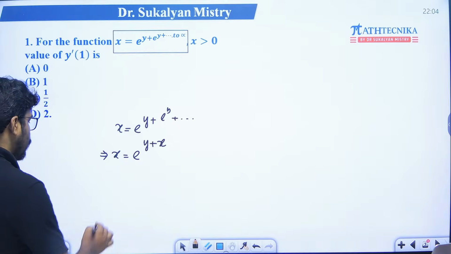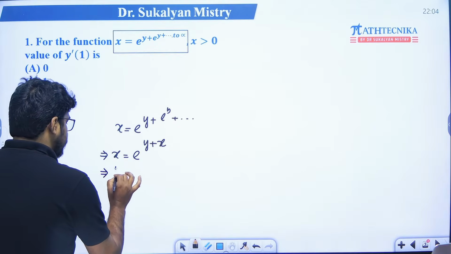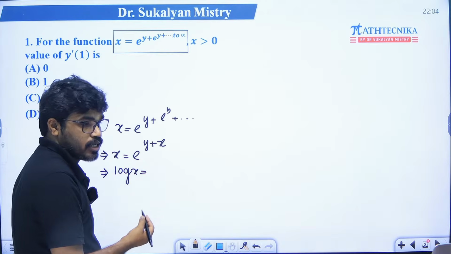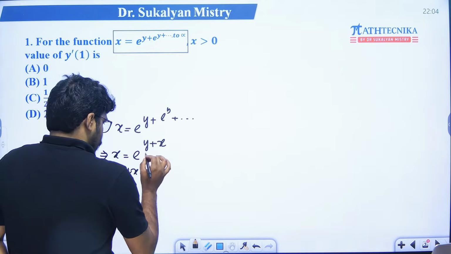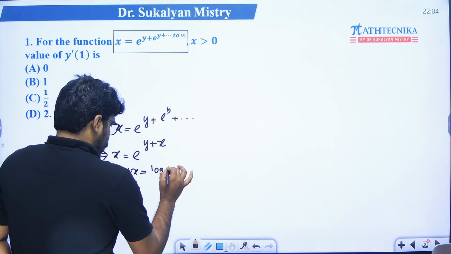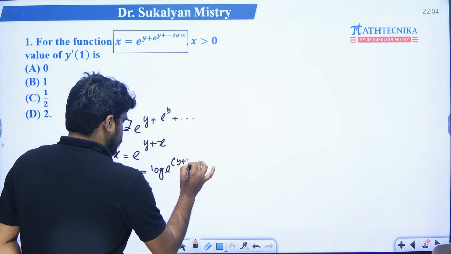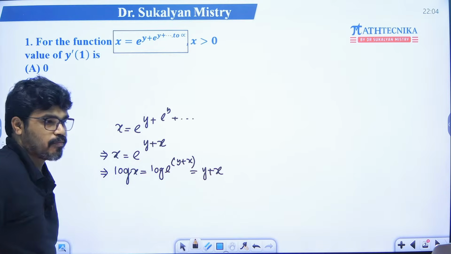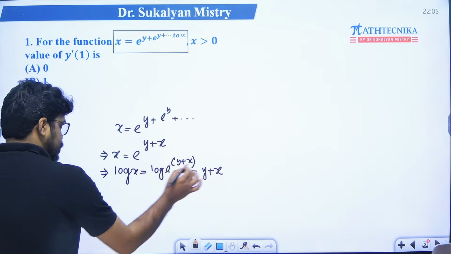Okay, so now taking logarithm on both sides, this implies log x is equal to log of e to the power y plus x. That means this is y plus x. So log x is equal to y plus x.